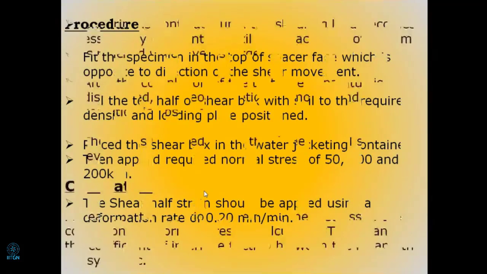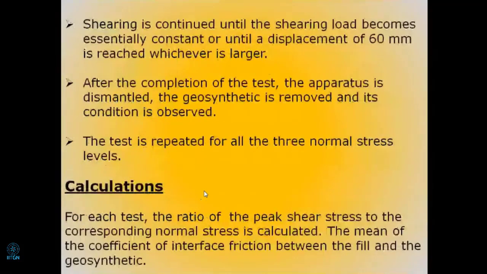Then we shear it until the shearing load becomes constant or until a displacement of 50 mm is reached, whichever is larger. After completion of this, the apparatus is dismantled and we put another sample. This way we perform the test for three different normal stresses, one test under each normal stress.